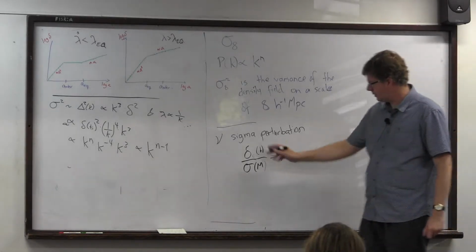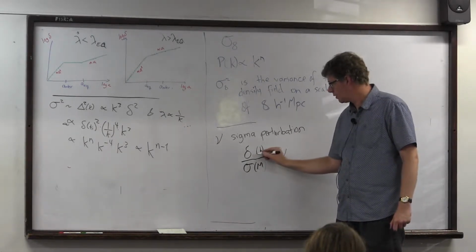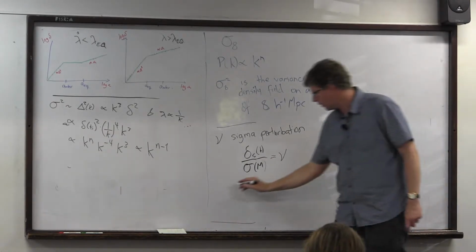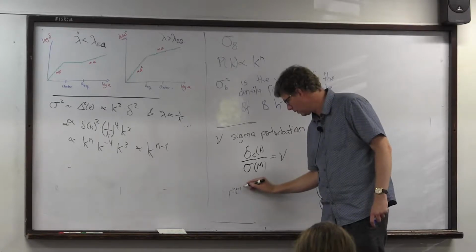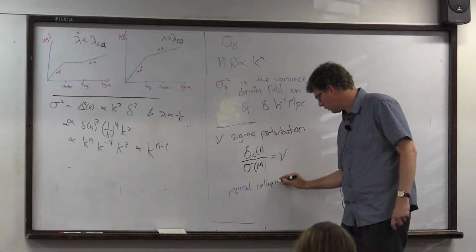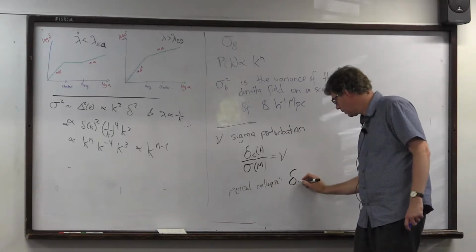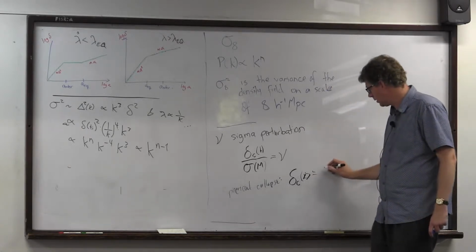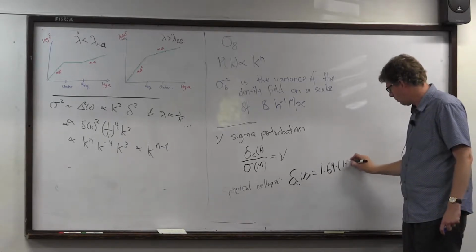And this, actually we know how it is if it's from this spherical collapse theory we had yesterday. So for spherical collapse, this is 1.69 times 1 plus z.